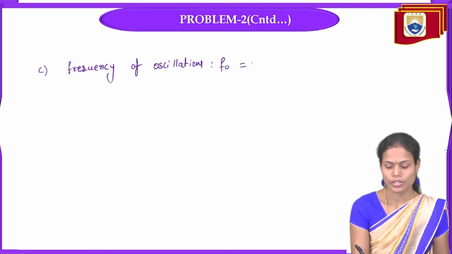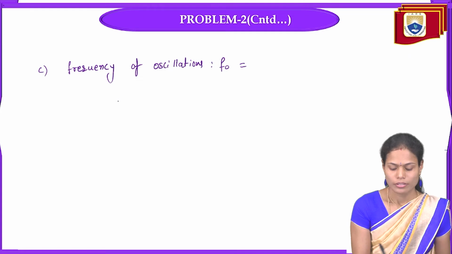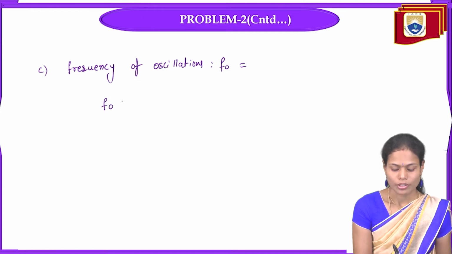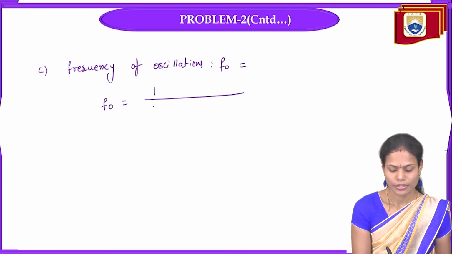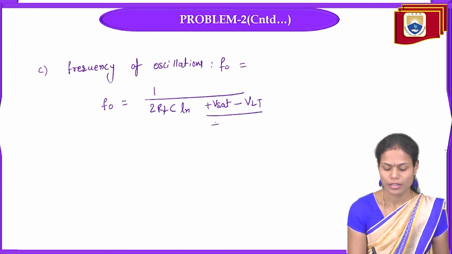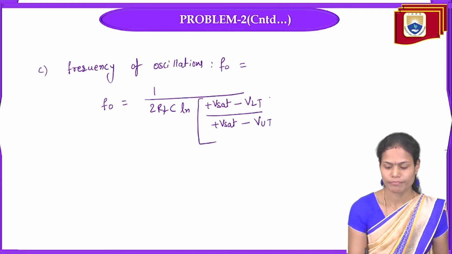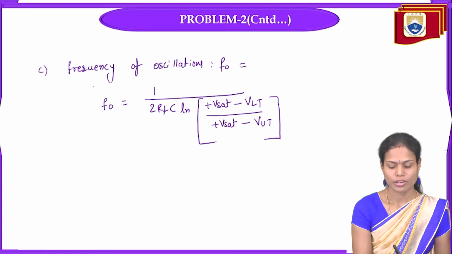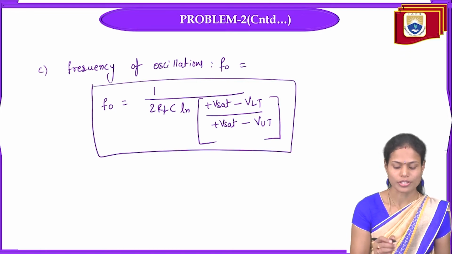F0 is equal to, I am giving the formula here, F0 equal to 1 by 2 RFC ln of positive saturation minus lower threshold voltage divided by positive saturation minus upper threshold voltage. So this is the formula to find the frequency of oscillation here.